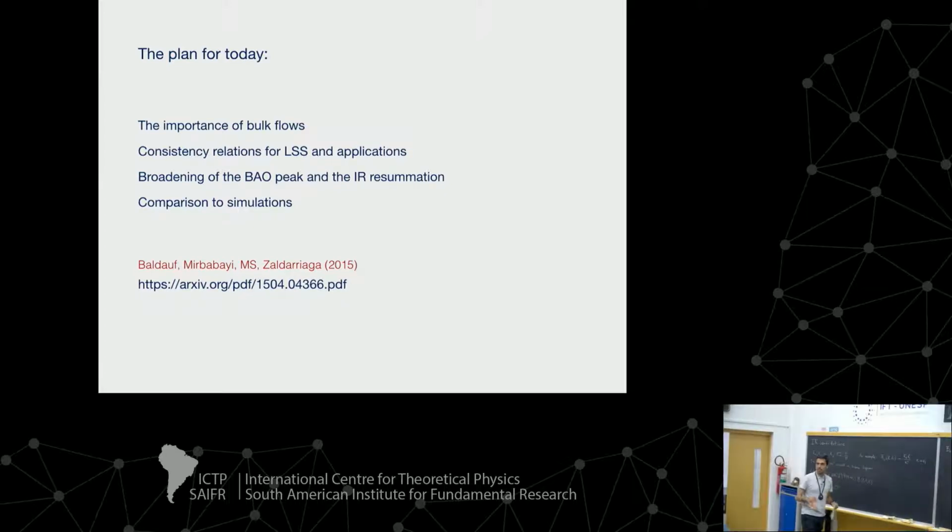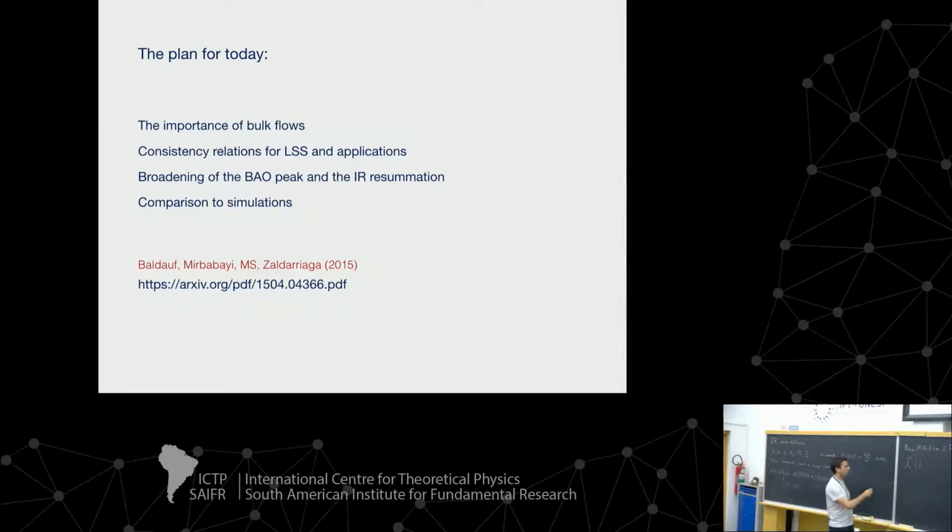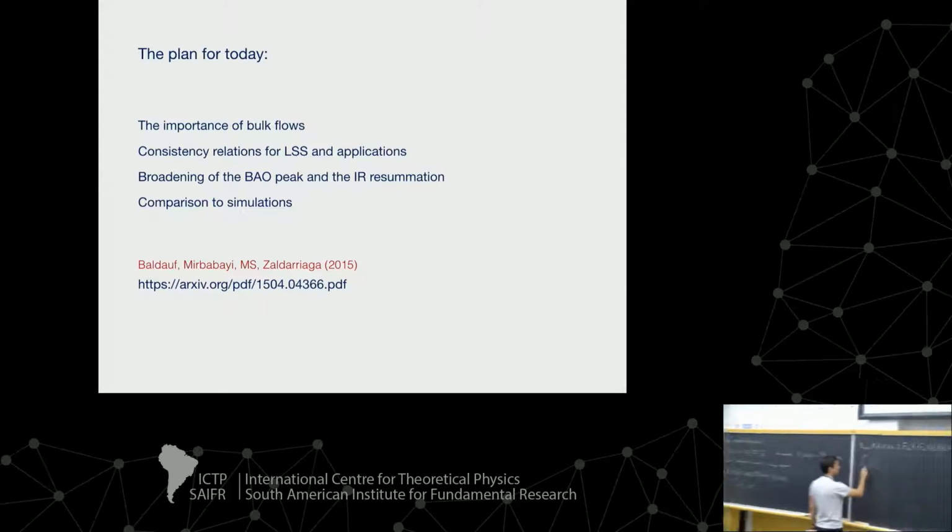And in terms of these pictorial representations of these formulas, what we are doing is basically taking 1 second order field. So we have 2 initial fields which produce a second order field. And we are contracting it with 2 linear fields in the bispectrum. So we are doing this expectation value here, which means that we are averaging over these modes, and we get 2 power spectra.